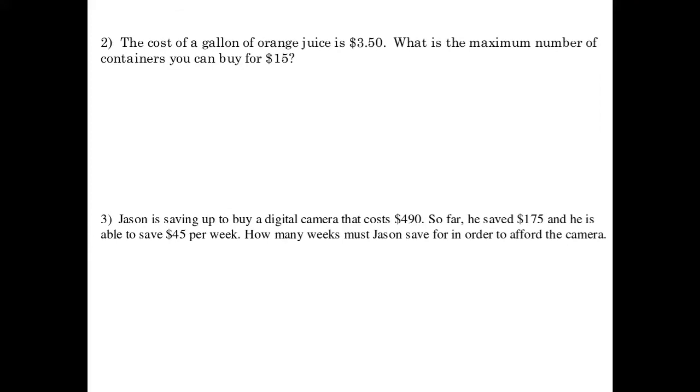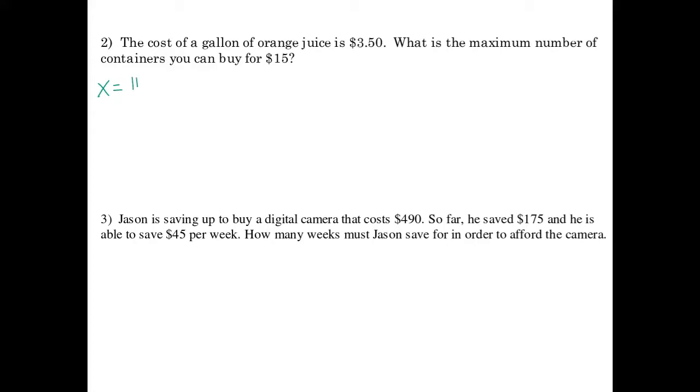The cost of a gallon of orange juice is $3.50. What is the maximum number of containers you can buy for $15? So again, first and foremost, we want to start with a variable, and you can use whatever variables you want. I always like to use X because that's traditional, but you can change it out. Maybe you call it C for containers, your total choice. In this case, they're asking us for the maximum number of containers.